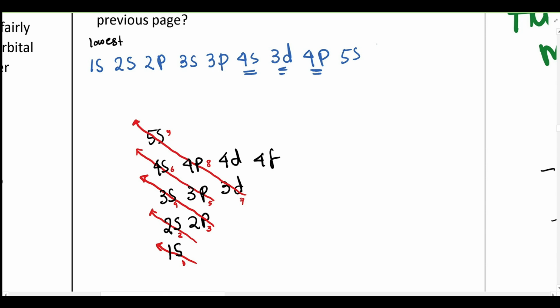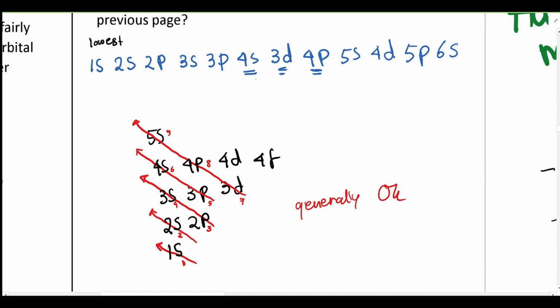Then we're going to go to 4d, 5p, then 6s, and then so on and so forth. If you start filling in this whole table and just go ad infinitum, it follows more or less this particular thing. So this is generally true. This is the lowest state to get higher and higher. This is generally correct.